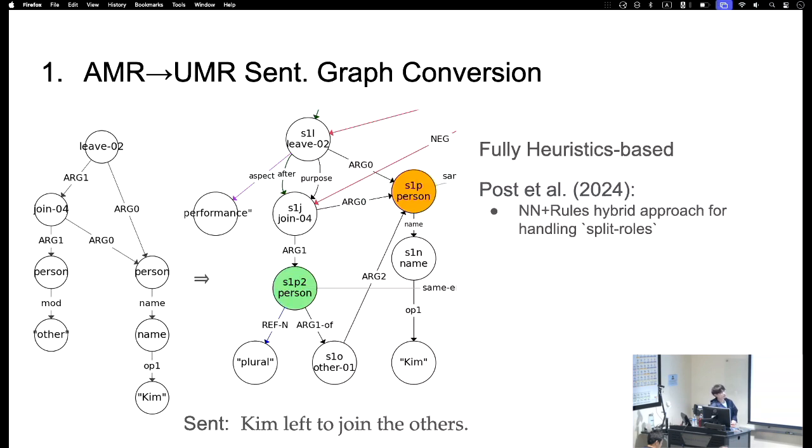And her focus there is especially on the split roles, where one relation edge label in AMR could become in certain situations UMR label A, or in certain situations some other label, or vice versa. So that's where you could train some neural network to help you with the conversion.